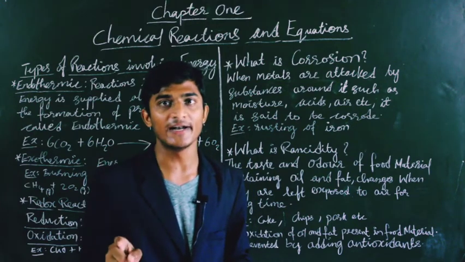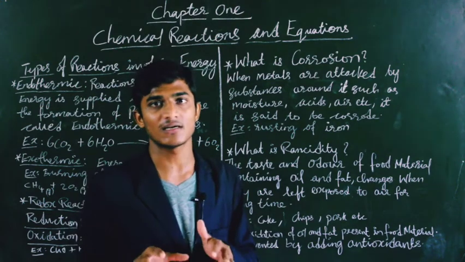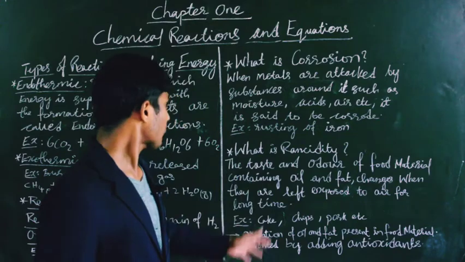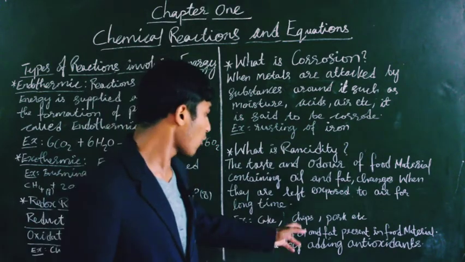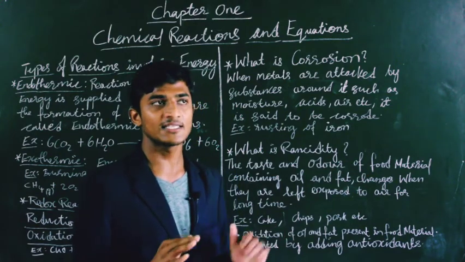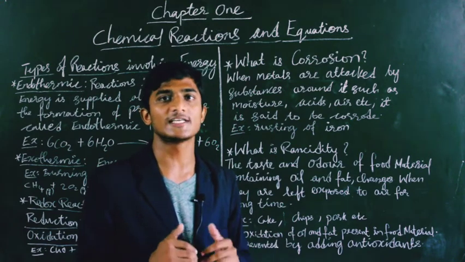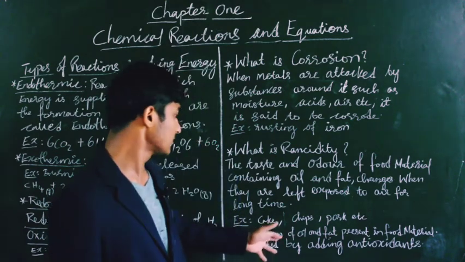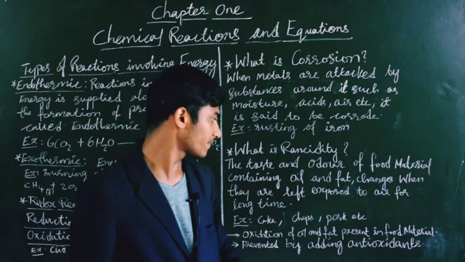In order to prevent this rancidity process, they are adding nitrogen gas. Why does rancidity occur? Because of oxidation of the oil and fat present in the food material.